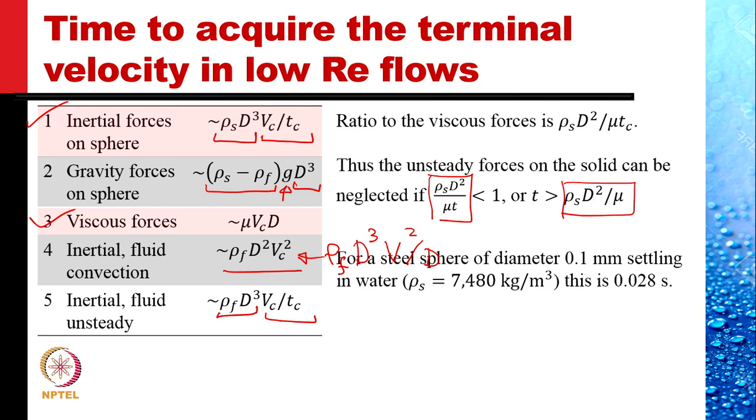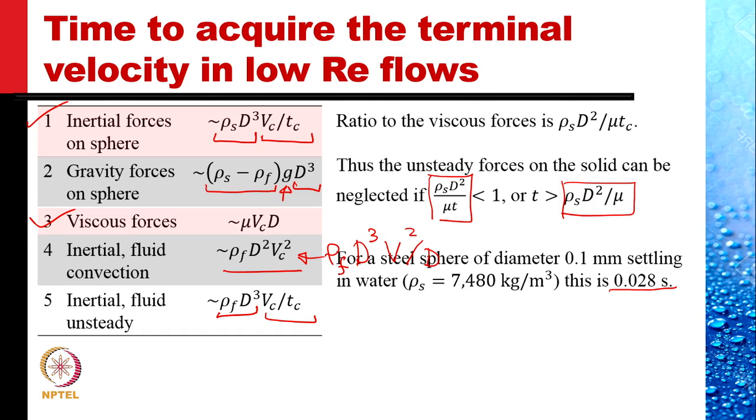For a steel sphere of diameter 0.1 millimeter settling in water, the density of steel is 7.480 into 10 to the power 3 kilogram per meter cube. And so this time is obtained as 0.028 seconds, a very small time, less than 300ths of a second, after which that steel sphere would have acquired a constant velocity, the terminal velocity.